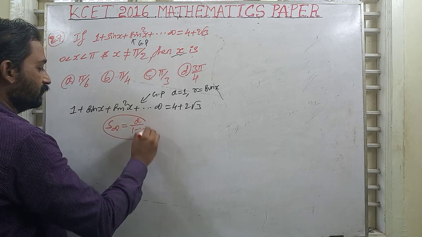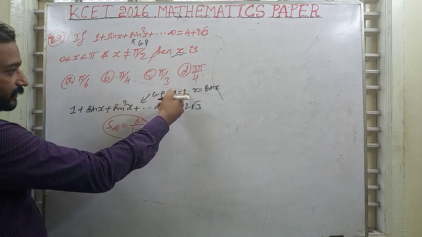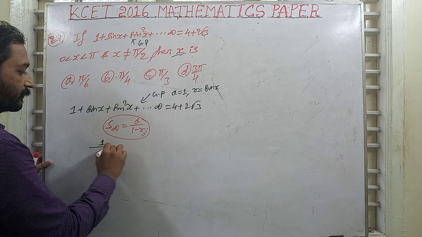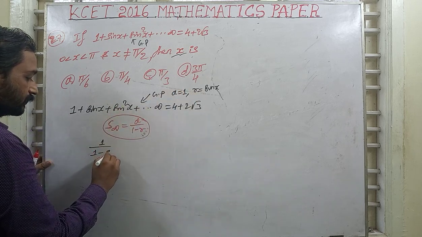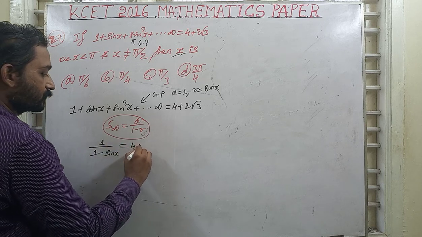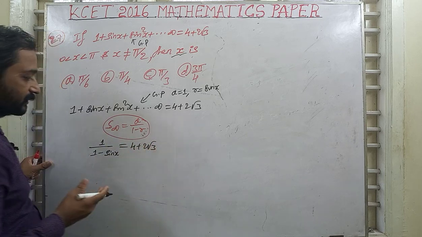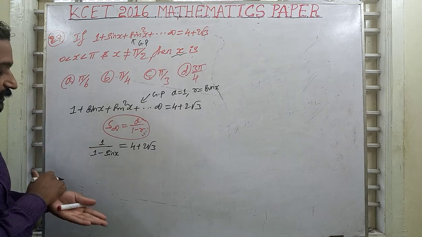Using this formula, because it is an infinite series, the left hand side can be written as a is 1, divided by 1 minus r, in this case r is sin x, so 1 divided by 1 minus sin x, is equal to the right hand side 4 plus 2 root 3. To simplify, we take the reciprocal.